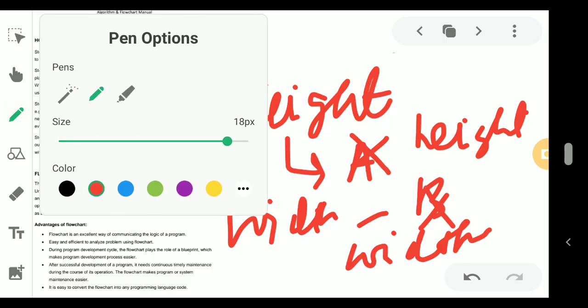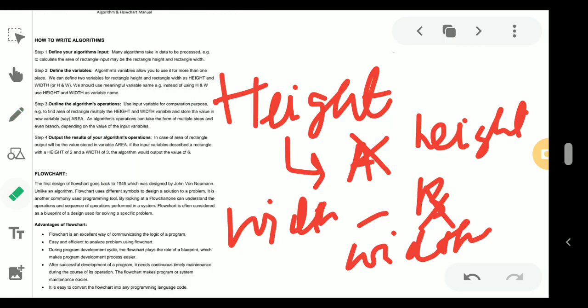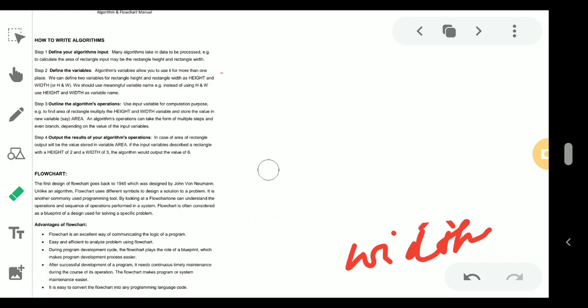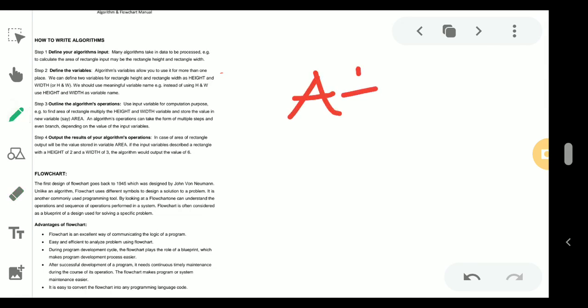Third point is saying outline the algorithm operation. What operation are we doing? It uses variables for computation purposes. Suppose previously we add two numbers, so we will write C equals A plus B, because the computation required is finding the sum of two variables.